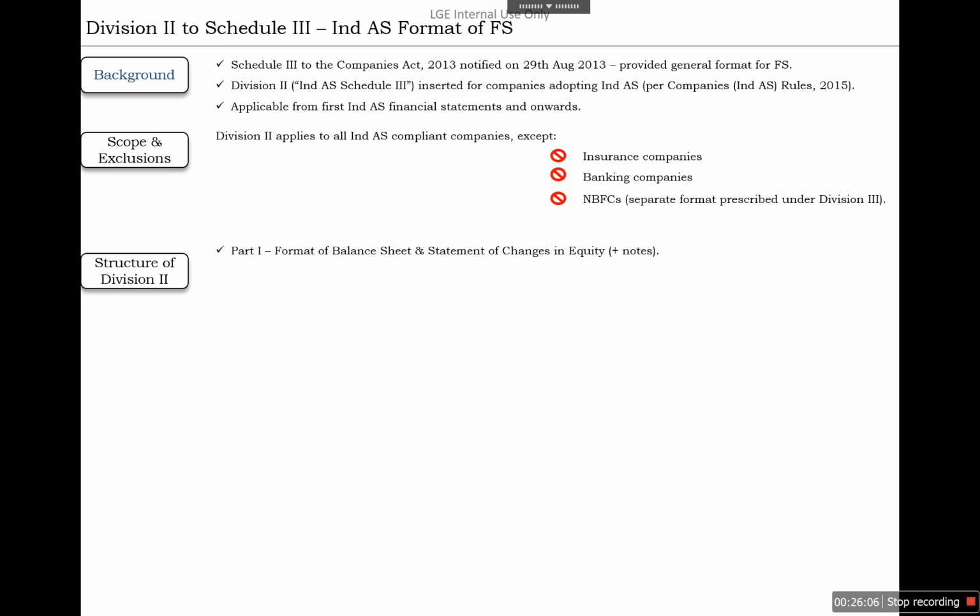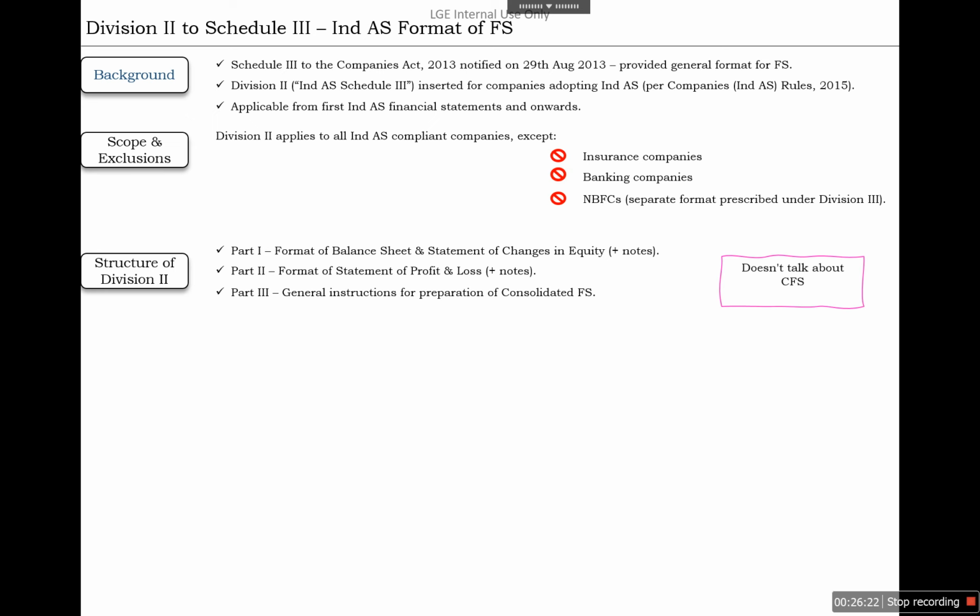And if we check the structure of Division 2, Part 1 talks about the balance sheet and changes in equity and notes thereof. Part 2 of Division 2 talks about the format of profit and loss accounts and notes, and Part 3 talks about the general instructions for preparation of consolidated financial statements. This Schedule 3 does not talk about the cash flow statements.